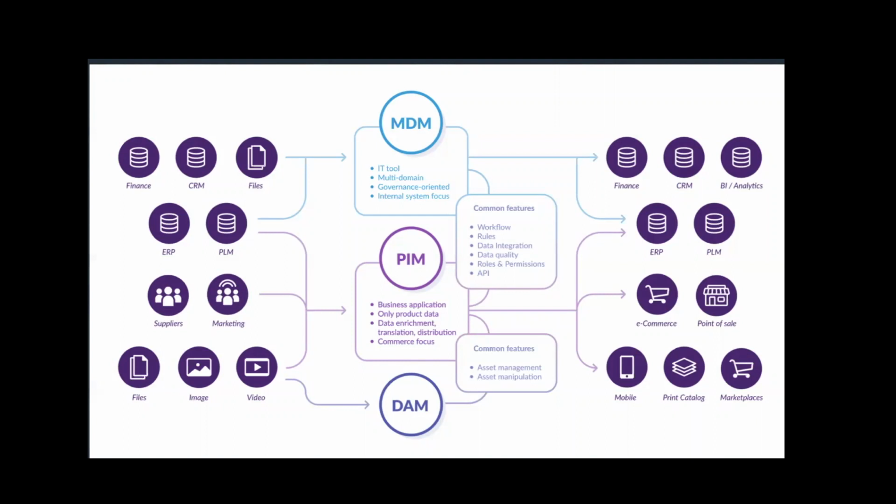But most of the time, these systems were not really designed at the beginning to share or to distribute this content. That's the reason why we have a PIM, and the PIM is just like a glue between the DAM and the MDM, and the PIM is really the perfect system to aggregate this information.